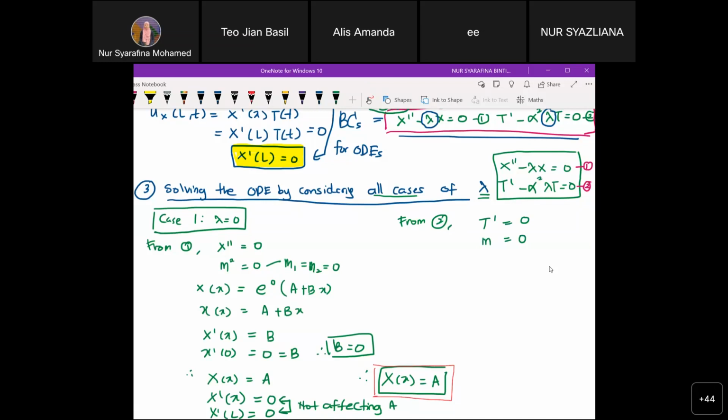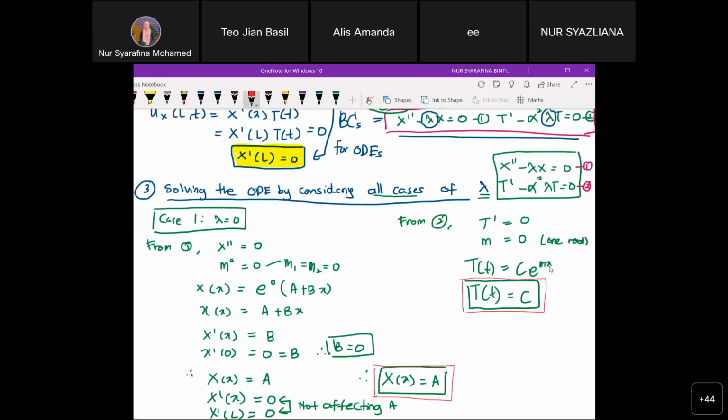Okay. When m equals 0, we have only one root. Then we can have the t solution equals c e to the power of m x, where m here is 0, then t equals c. So we have the solution of t.